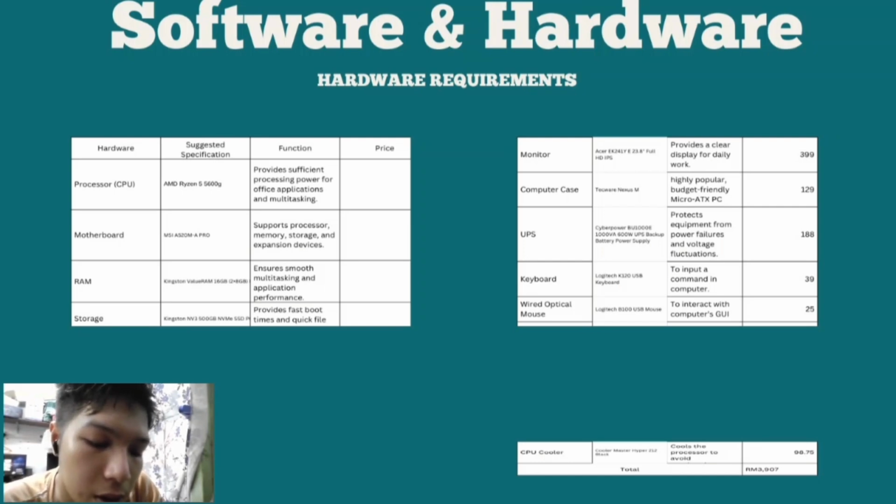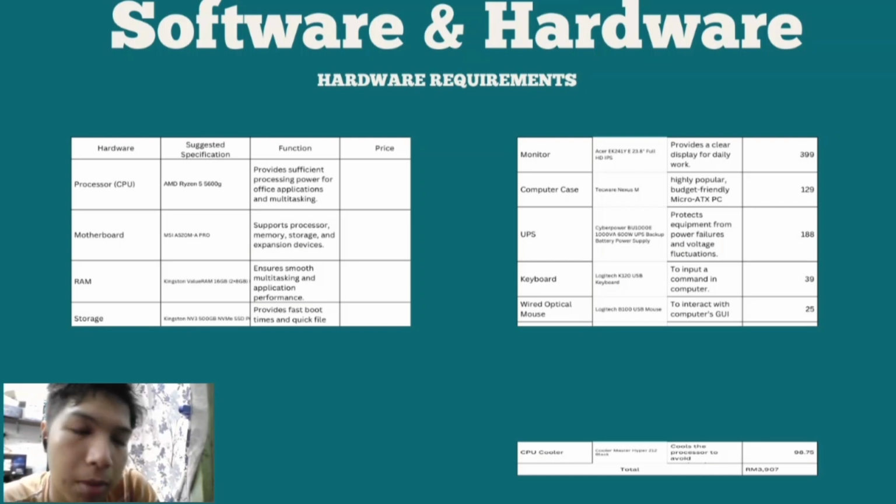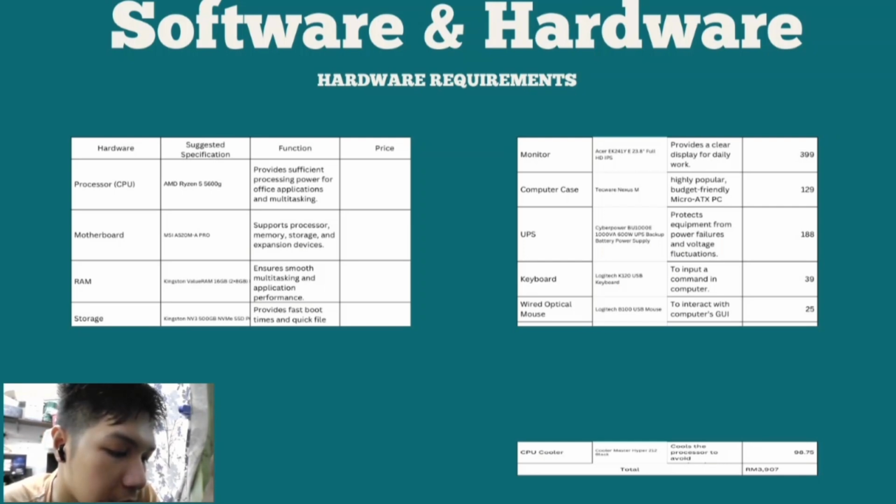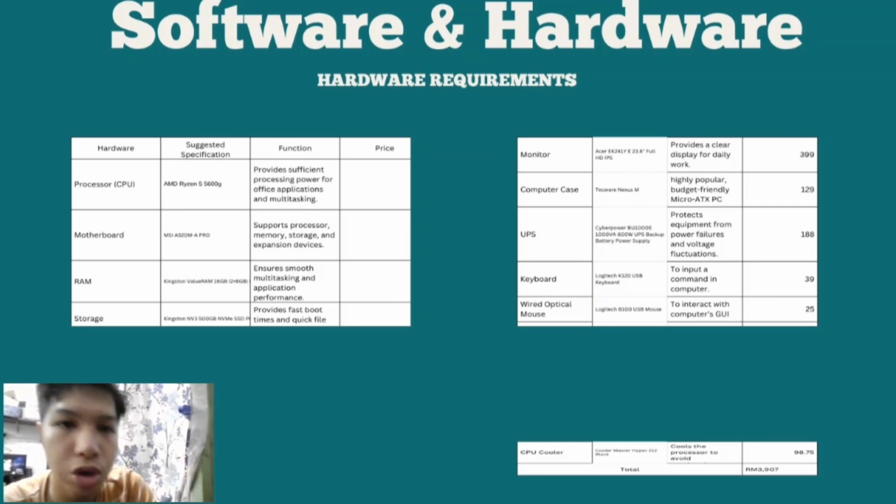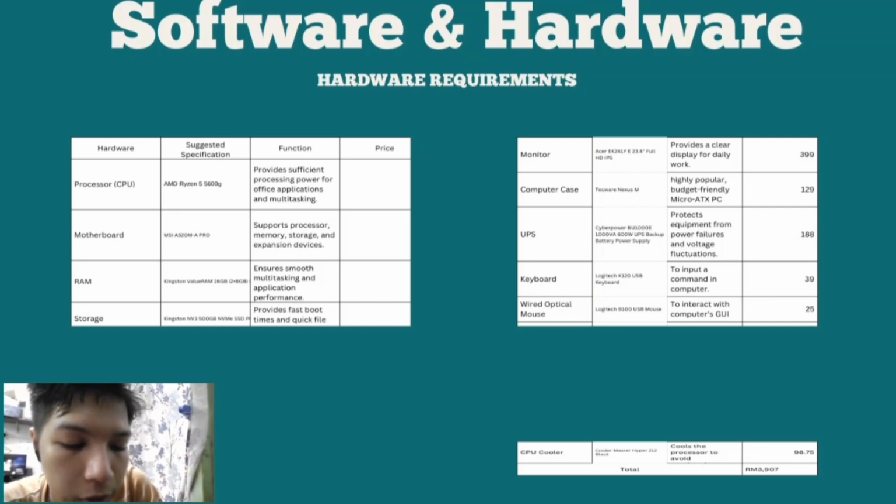The GTX 1650 with 4 gigabytes of GDDR6 memory supports multimedia, educational software, and basic graphic applications. It also allows the lab to run more demanding programs if required in the future, so it is future proof.